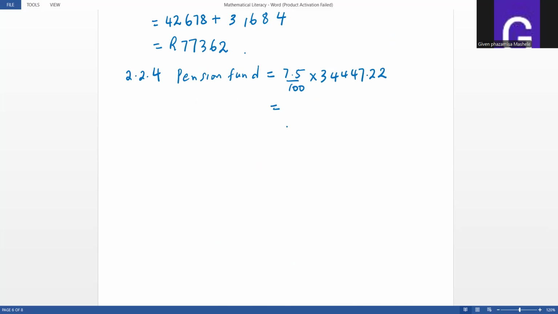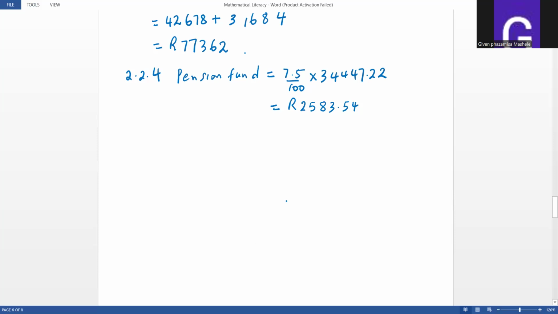This will be 2,583 rand and 54 cents. And this is a non-taxable item.